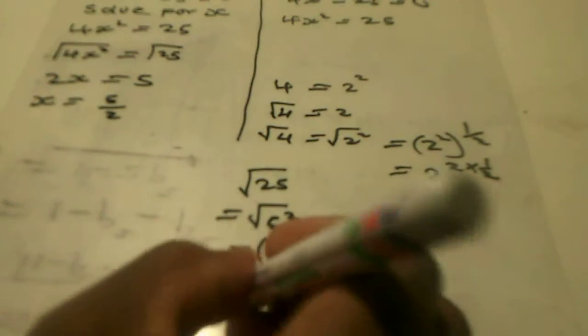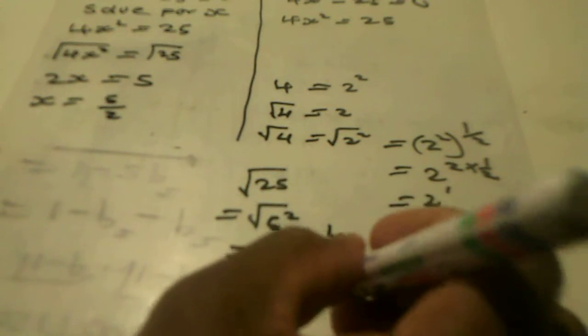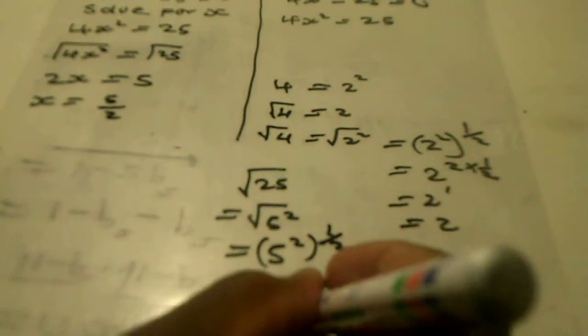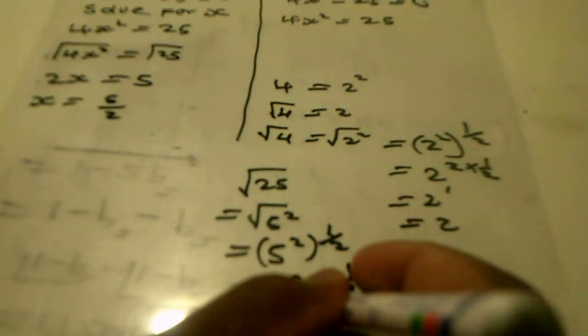So now I will have 5 squared multiplied by 1 over 2, which is the same as 5 to the power 1, because if you're saying 2 times half, this will be 2 divided by 2, which is equal to 1, and that is how I got power 1.